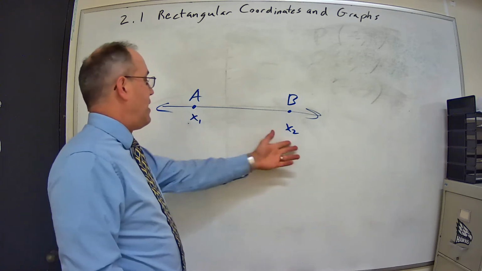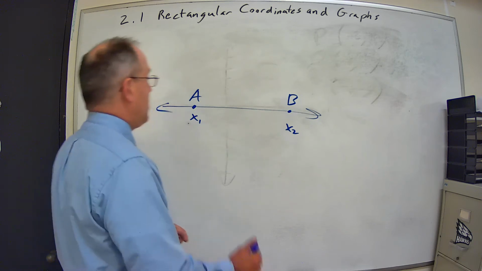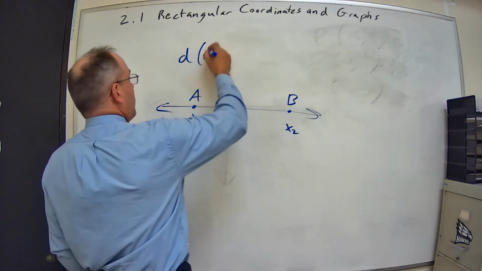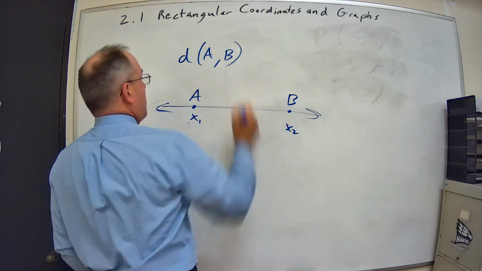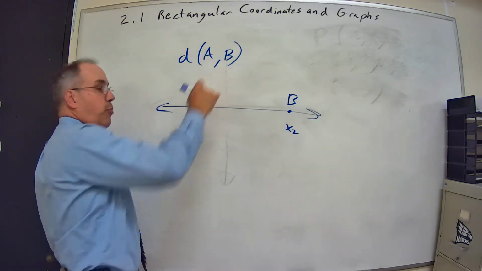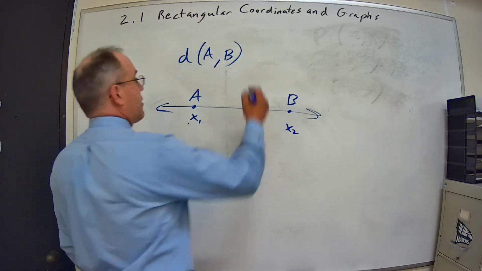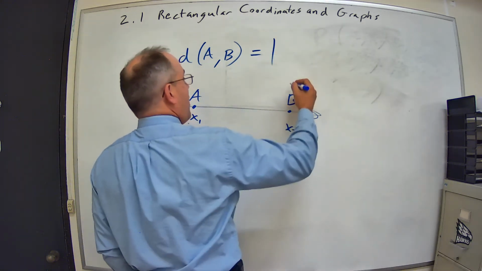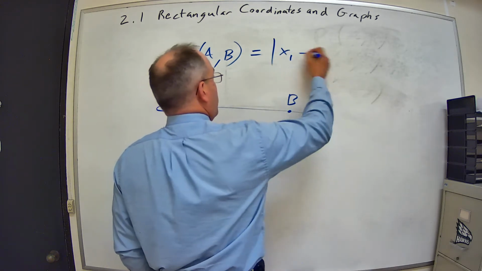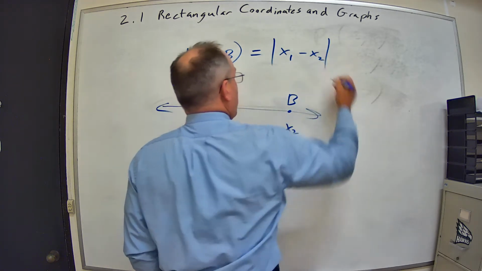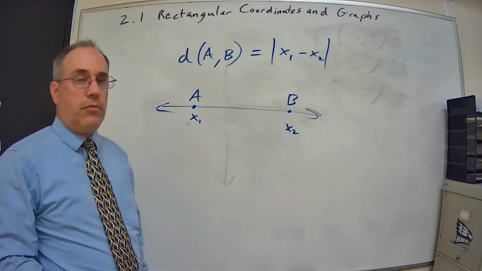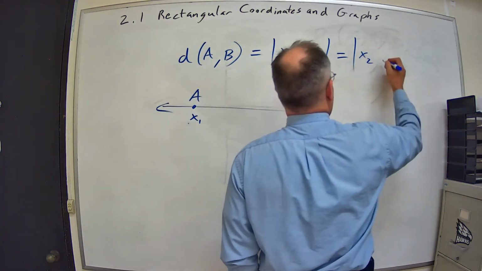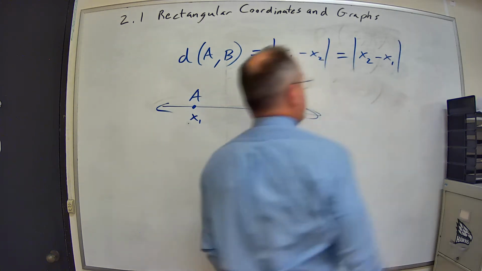So when we are finding the distance between these, I'm going to say D, AB, so the distance between points A and B is equal to the absolute value of x sub 1 minus x sub 2, which is equal to the absolute value of x sub 2 minus x sub 1.